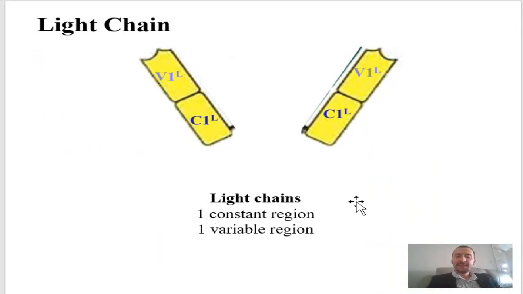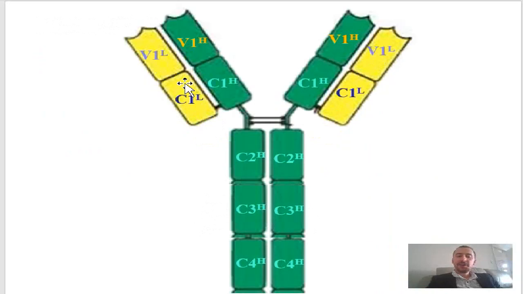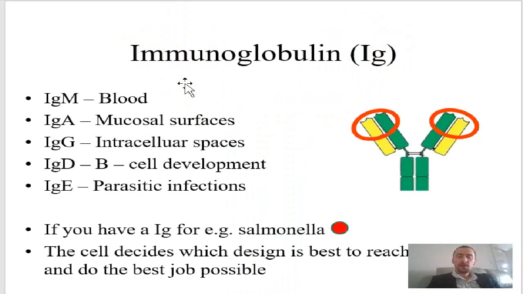Of course, the light chain has one constant region and a variable region as well. The heavy chain and the light chain are brought together and combined using disulfide bridges, and that is the structure of immunoglobulin.